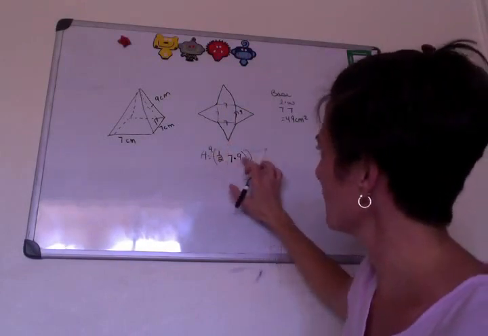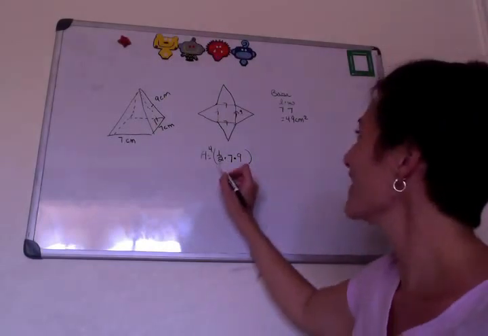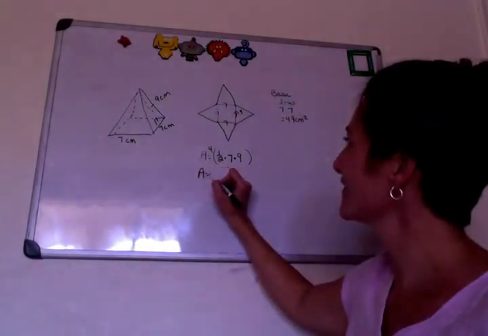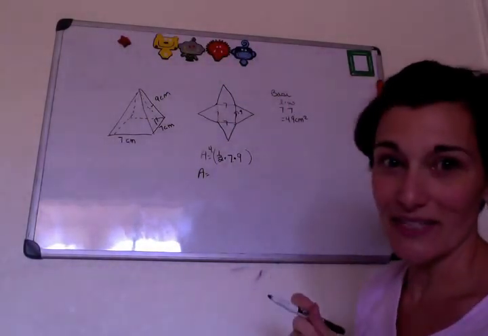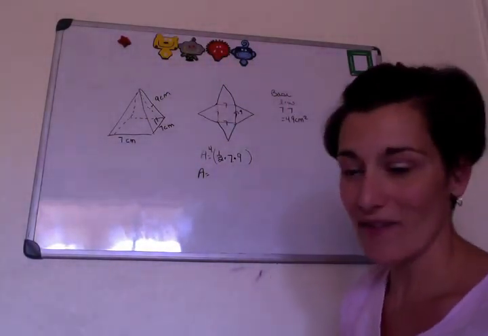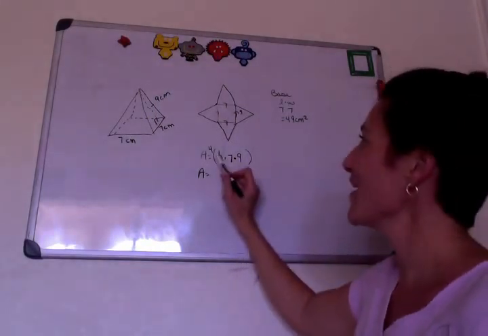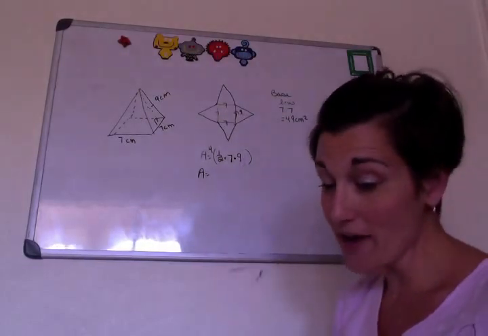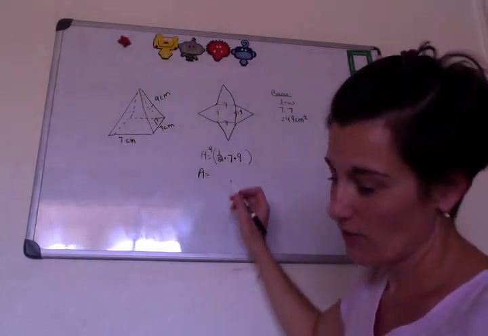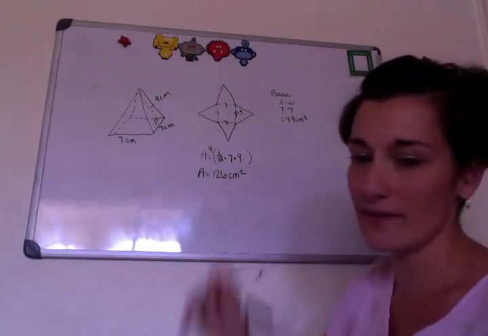Maybe I'll take out these parentheses. Let's try that. I think that looks better. Okay, so 7 times 9 is 63, and then half of that, and then I'm going to multiply it by 4. Or I could do 2 times 7 times 9 and figure it out that way. No matter which way you figure it out, you are going to get 126 centimeters squared, right?